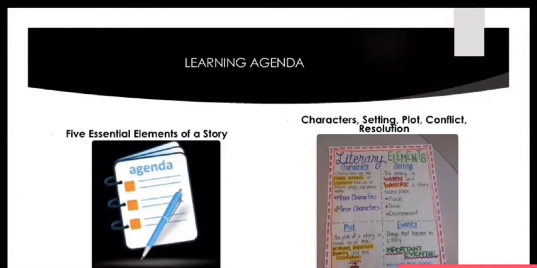These components include the character, the setting, the plot, the problem or the conflict, and the solution. These essential elements keep the story running smoothly and allow the clues to the solution of the mystery to be revealed in a logical way that you can understand and follow.